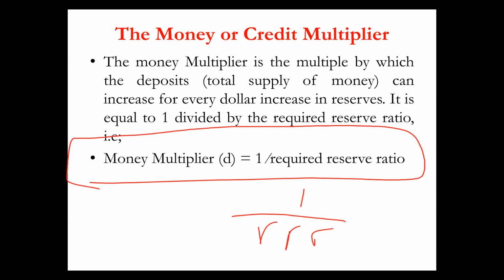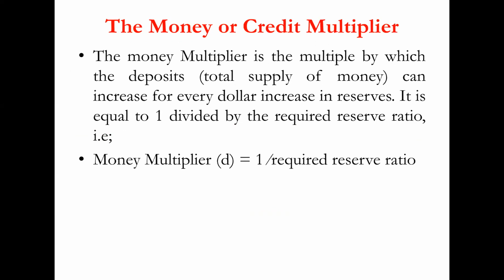Once you divide 1 by the reserve ratio, then you can easily get the money multiplier. Someone is asking, what is the reserve ratio? So a reserve ratio is basically the fraction of money, or the percentage, that should remain in the bank for every deposit.